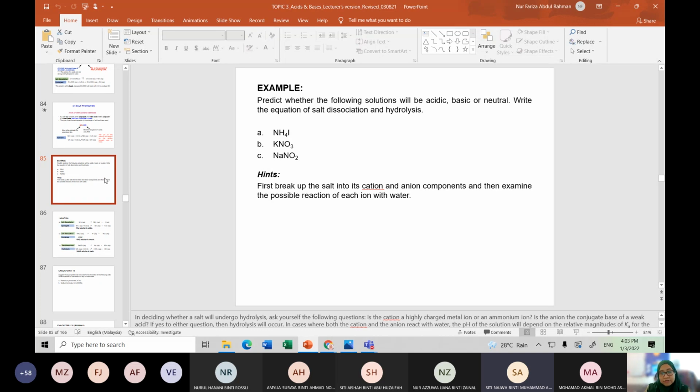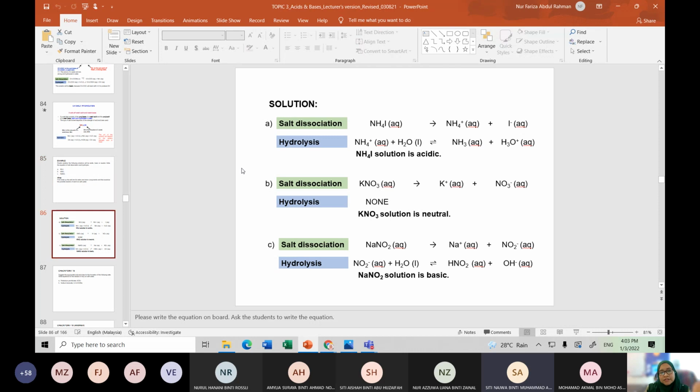for this given salt, the first step will be to dissociate the components of the salt into its ions, and then from there we choose which of these 2 ions will undergo hydrolysis. That means it will react with water to produce H3O+ or OH-.